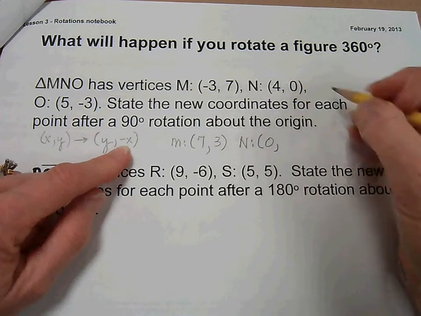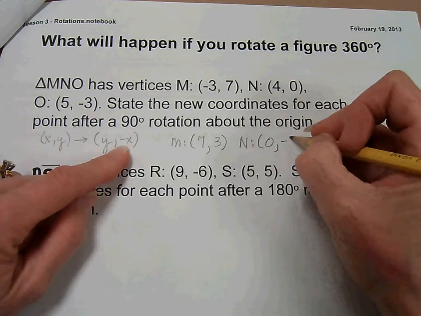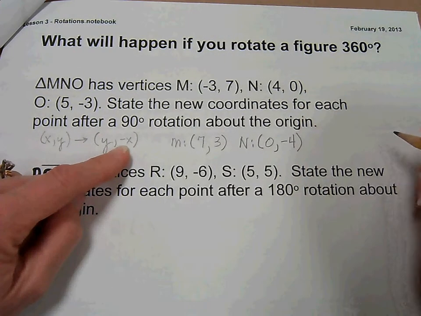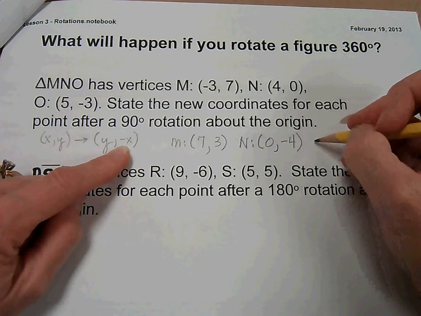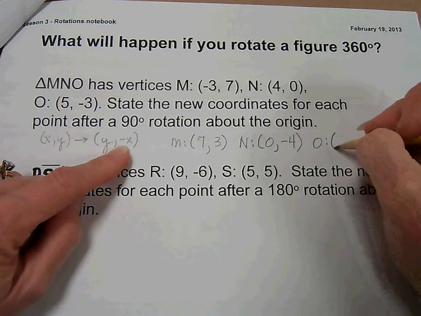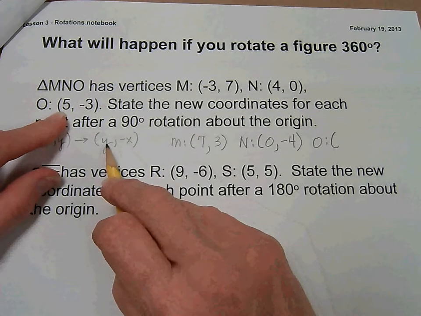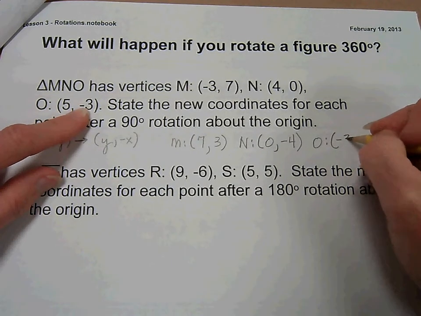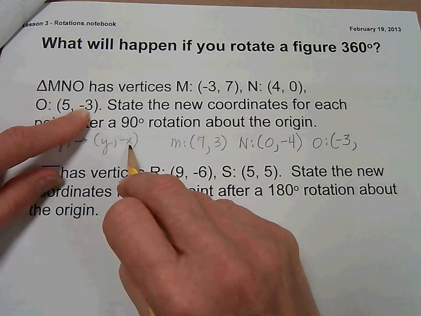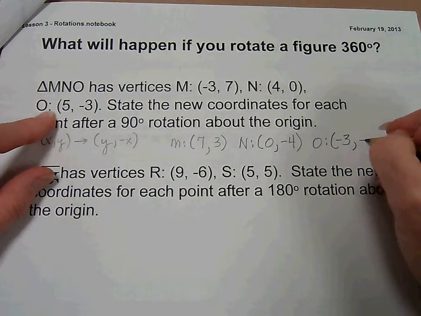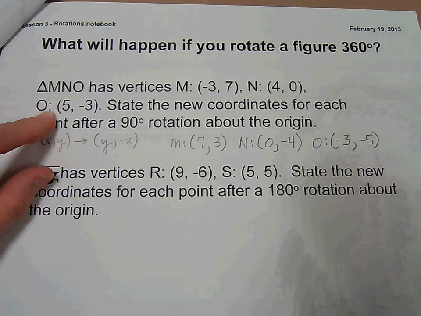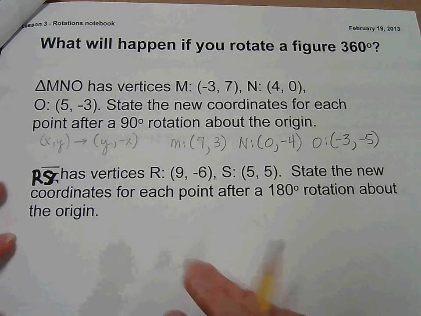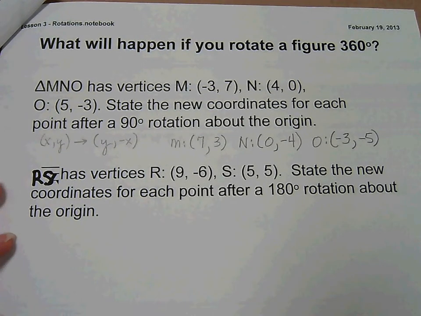Your new y is going to be negative what the x was. So those are your new coordinates for the N vertex. For O, again, your new x is going to be the y, so that's -3, and the new y is the opposite sign of the x. Okay? Now you try this one, and we'll talk about it more in class tomorrow.